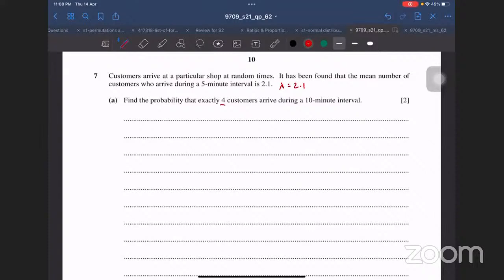Find the probability that exactly four customers arrive during a 10-minute period. So lambda has to be 4.2. So e power minus lambda into lambda power 4 over 4 factorial. That's simple. 0.194.